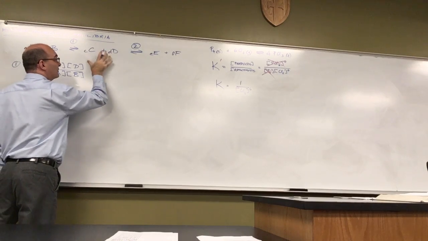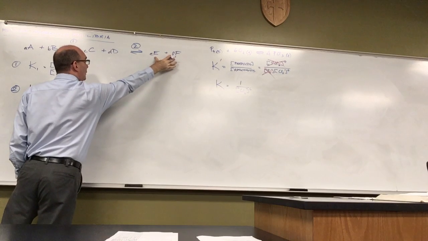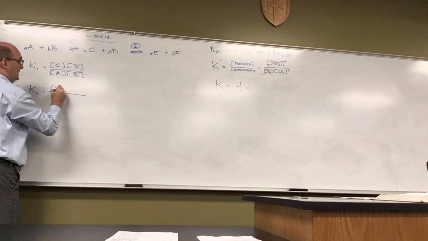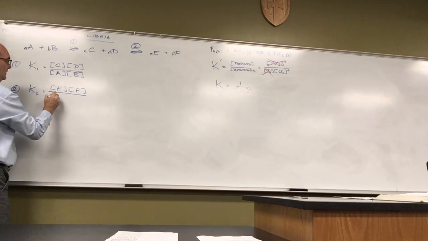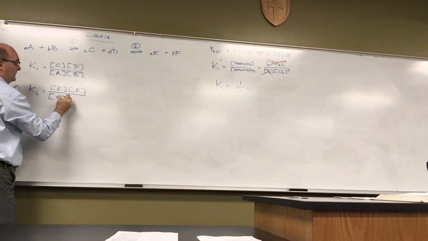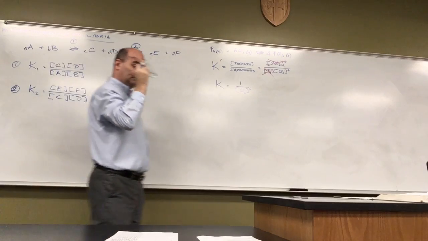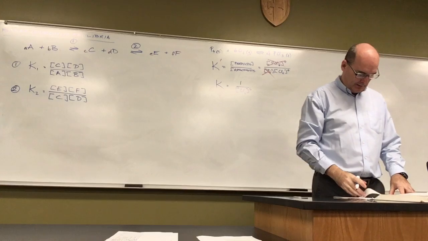K2 describes this, and the products in step 2, E and F, divided by C and D. Okay.